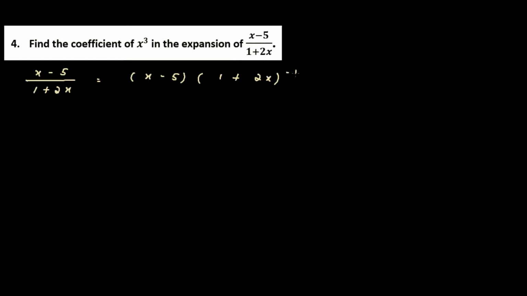to the power of -1. Now which is the part that you need to do your binomial expansion? This part. You can try to ignore the x minus 5 first, or if you want to put it together, you can also, no problem. But I think we do it separately for the first time. 1 plus 2x, let's try to expand this first.